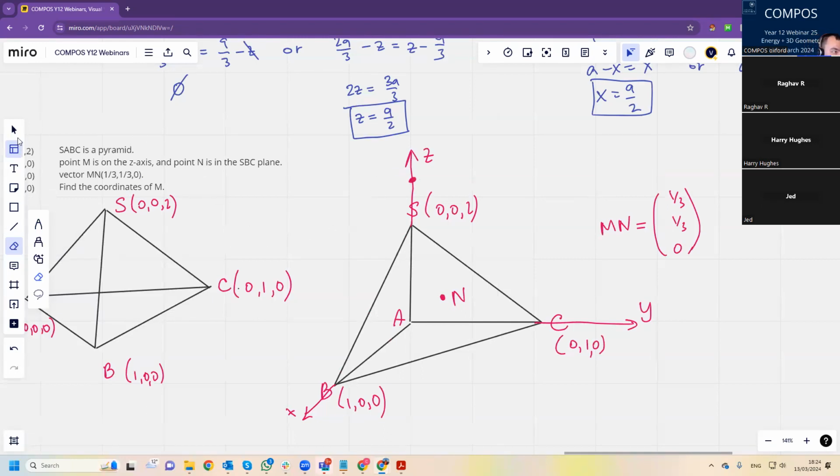What that means is that point M is in fact here. Point M is here.